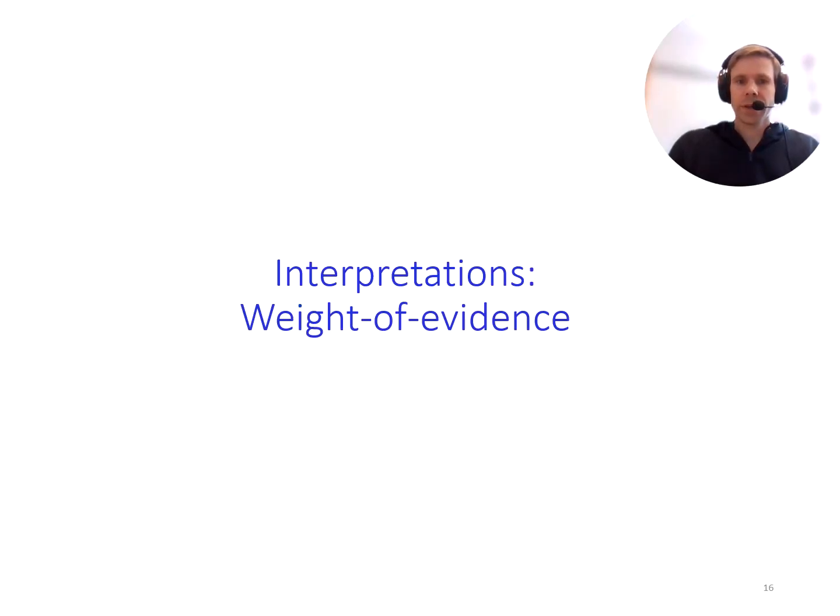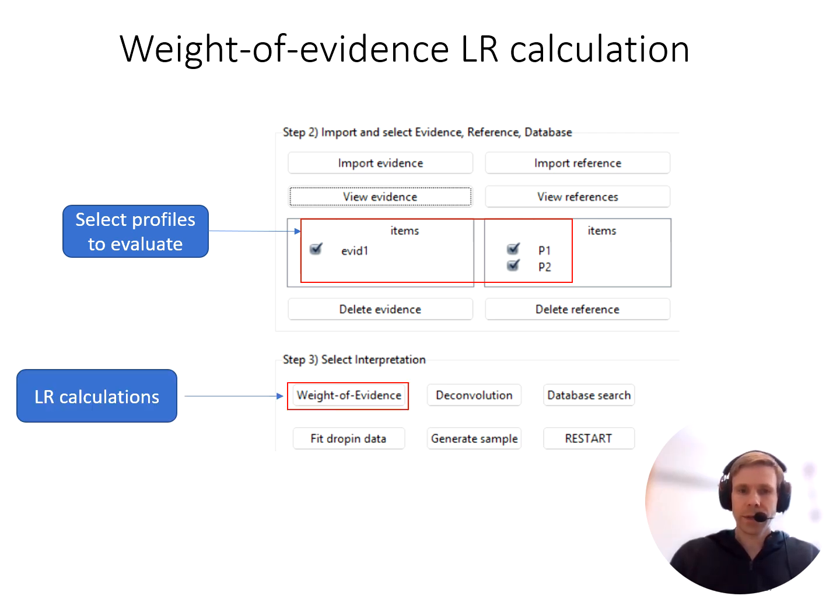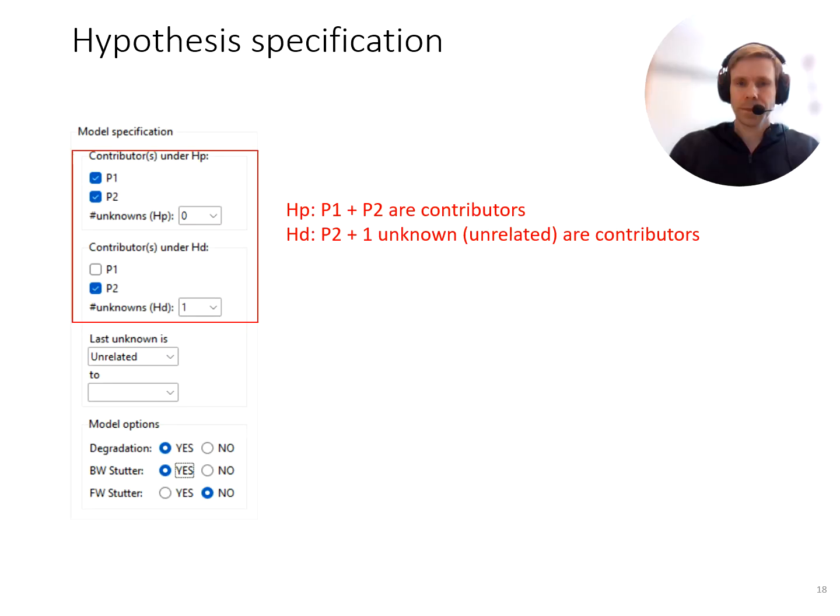So now we will do the weight of evidence calculations. We'll go back to the import data panel and select all the profiles. Then you click weight of evidence. First, what we will need to do here is to define the hypotheses under HP and HD.